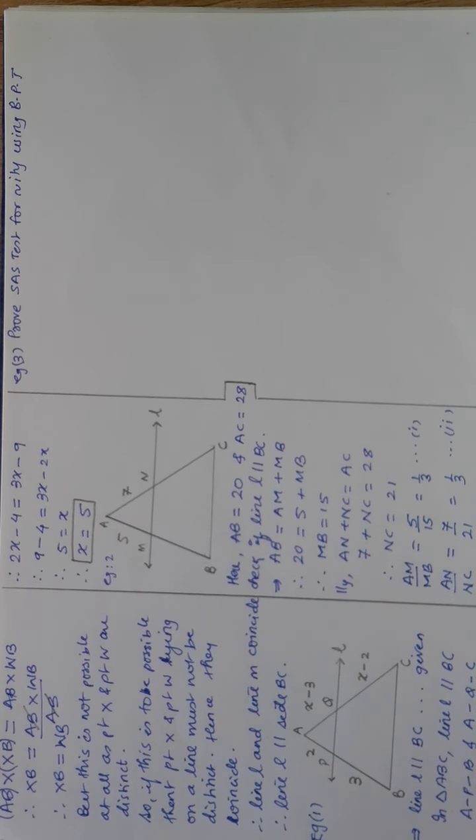It says that if two triangles are there, then in that particular triangle, if the ratio of two corresponding sides are in proportion and the angle included by them is congruent, then the two triangles are similar by SAS test. This statement you have to prove, not to use it.